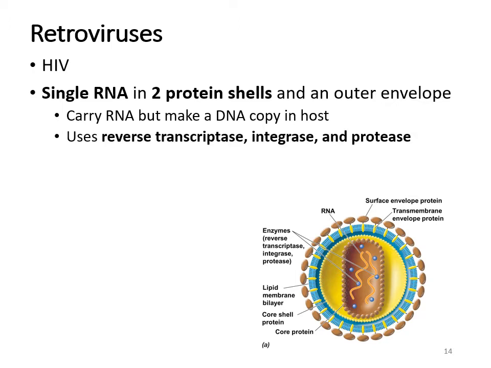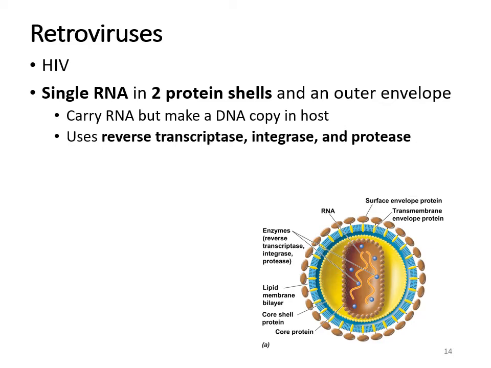So what they do is they have a series of enzymes, which include reverse transcriptase, integrase, and protease, so that they take their RNA sequence. Once it's in a host, they make a DNA copy of it using reverse transcriptase, and then they use integrase to get that DNA copy into the host DNA.